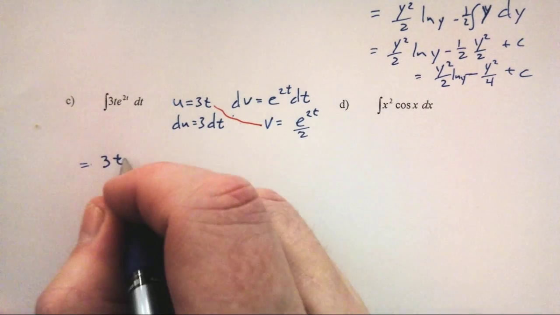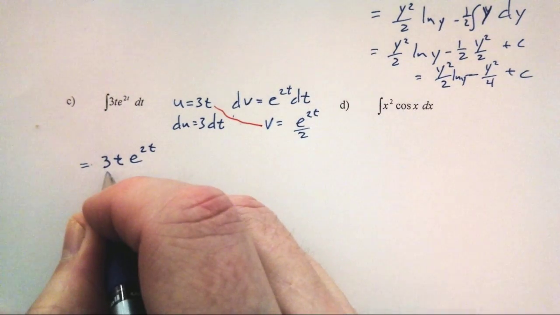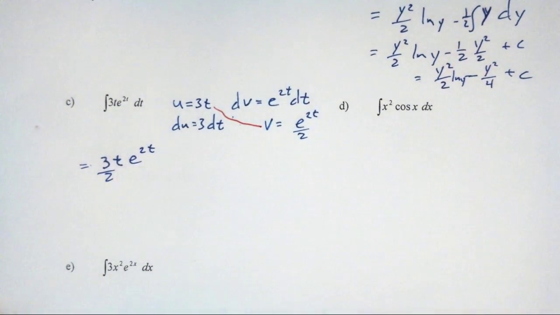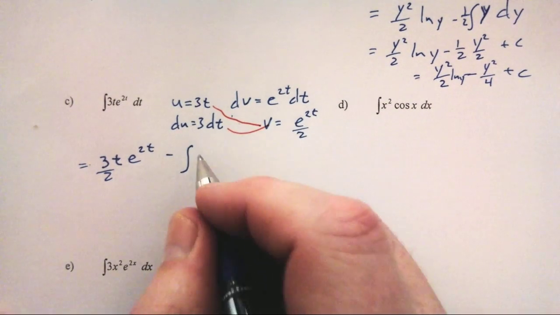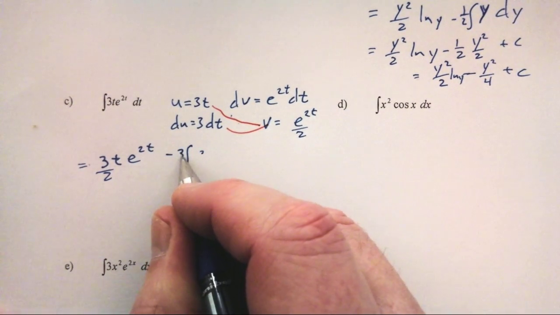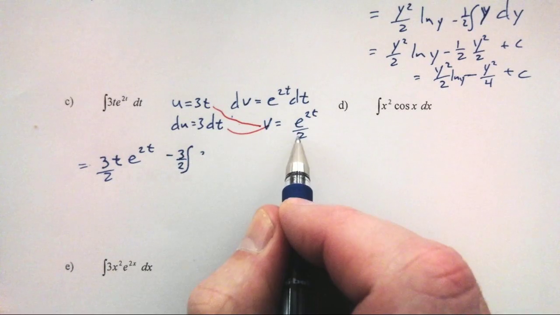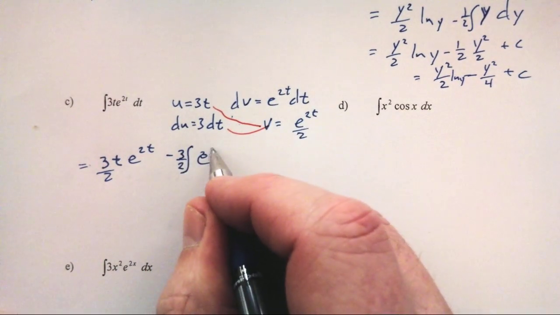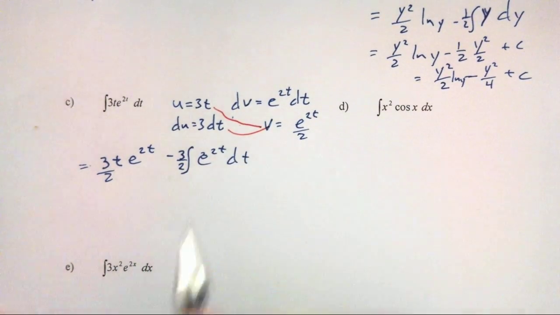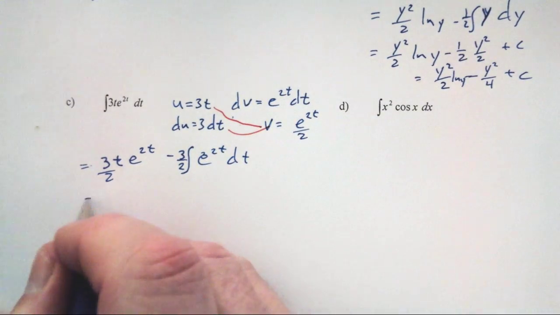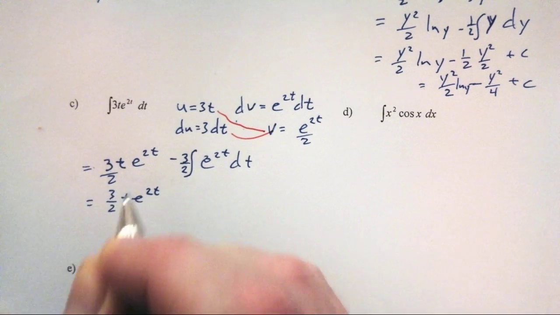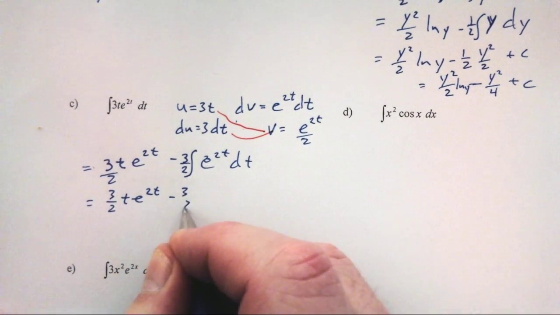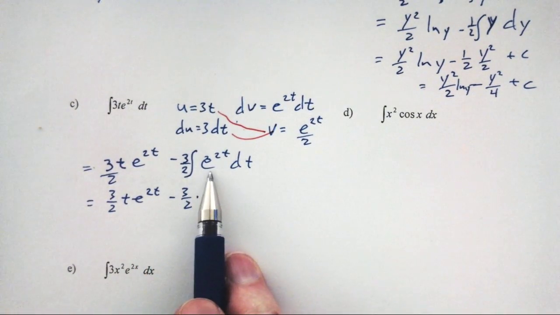times e to the 2t on 2, I'm going to make that 3/2, minus the integral of those guys. So that is 3 on 2, in fact I'm going to put that out front, 3 on 2 e to the 2t dt. 3/2 t e to the 2t minus 3/2 times, what's the integral of e to the 2t?